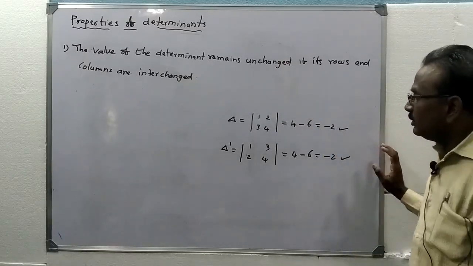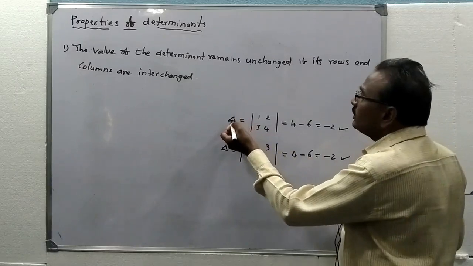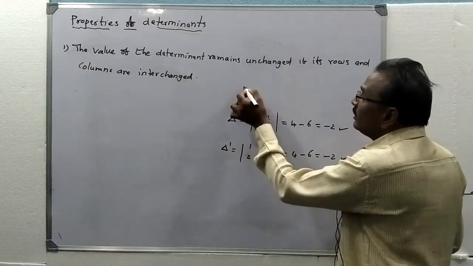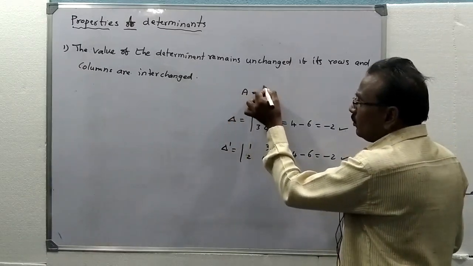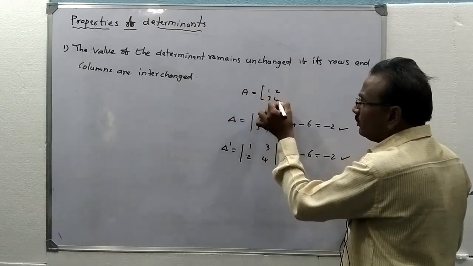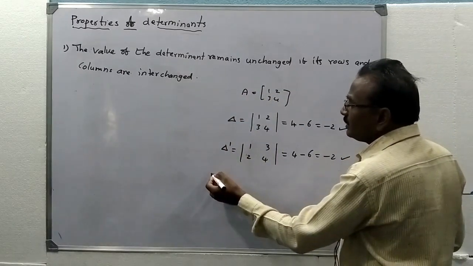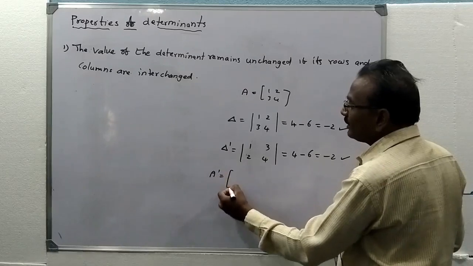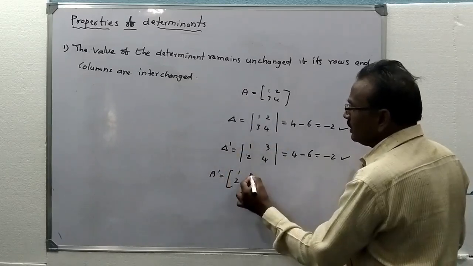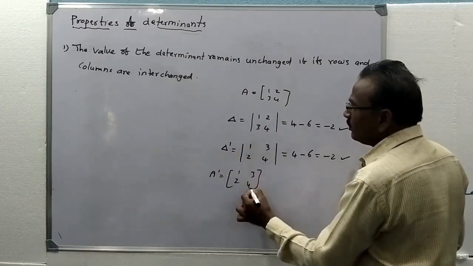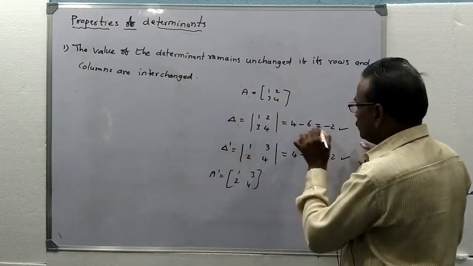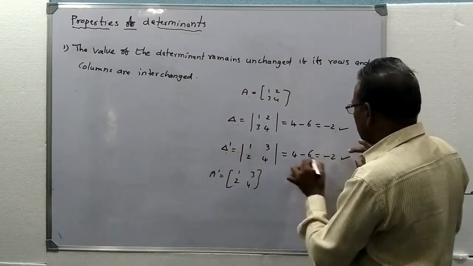This is the determinant of matrix A. Suppose your matrix A is 1 2 3 4, and A dash is the transpose of the matrix, where the first row becomes the first column and the second row becomes the second column. Determinant of A is minus 2, determinant of A dash is minus 2.